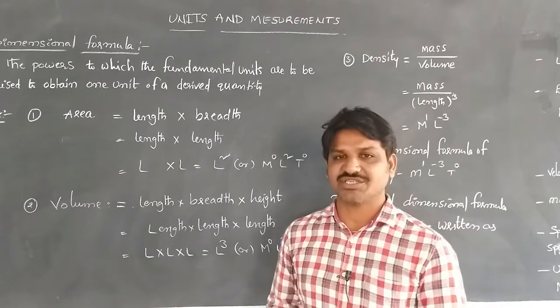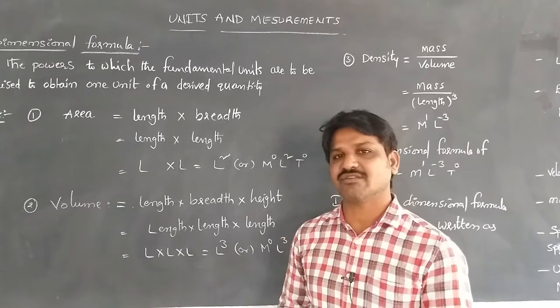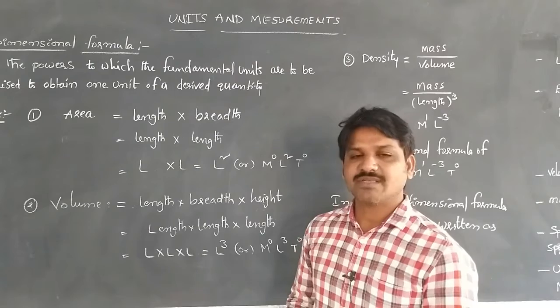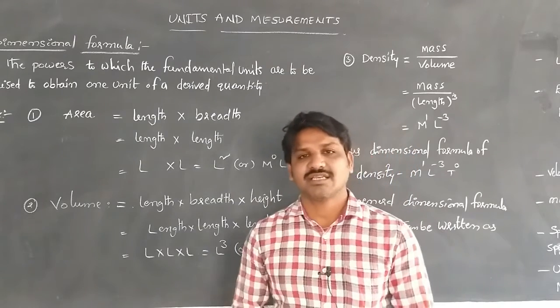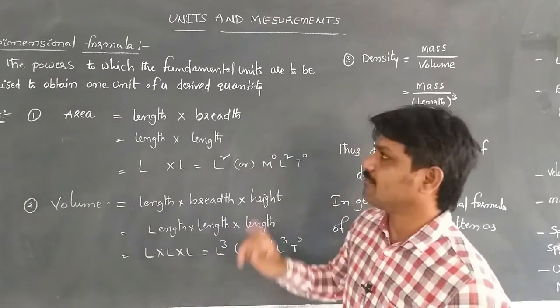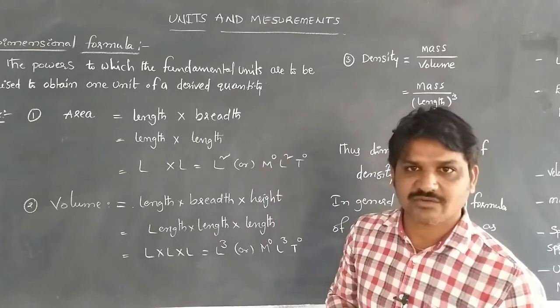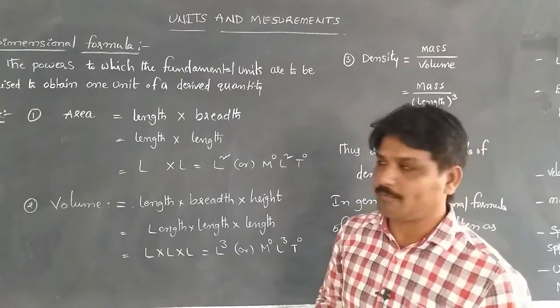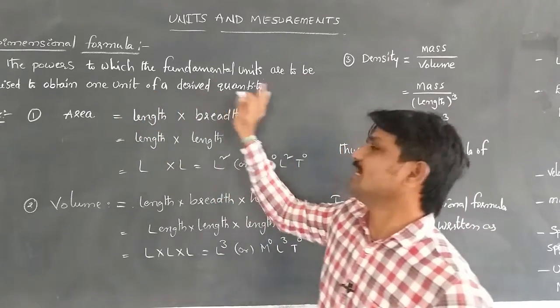What is a dimensional formula? How do we write the dimensional formula for physical quantities? It is the powers to which the fundamental quantity units are to be raised to obtain 1 unit of a derived quantity.